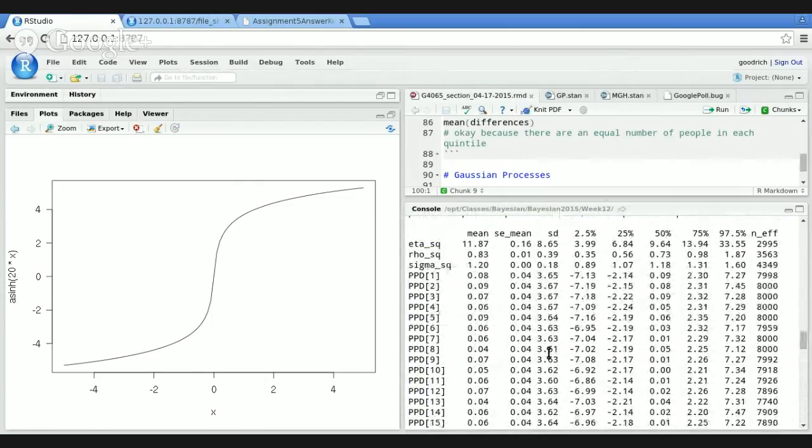We don't have any more time, but it converged pretty quickly, and we got estimates of the hyperparameters that, although we don't really care about them, have a pretty large effective sample size, and this basically looked good.